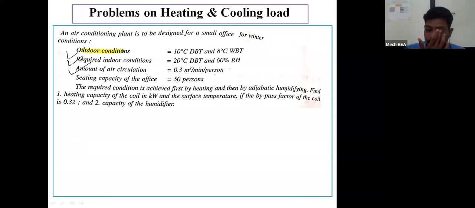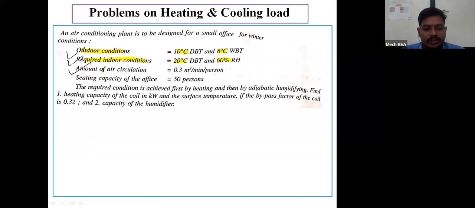In the winter season, atmospheric conditions are 10 degrees centigrade dry bulb temperature and 8 degrees centigrade wet bulb temperature. And inside this small office, the required indoor conditions are 20 degrees centigrade dry bulb temperature and 60% relative humidity.